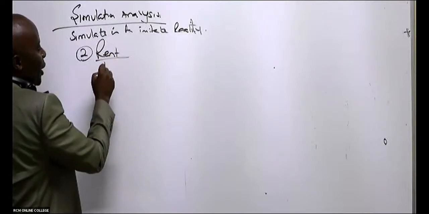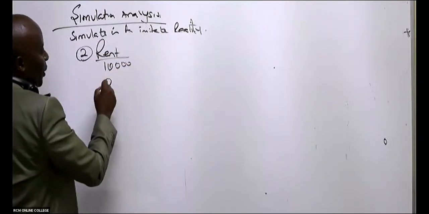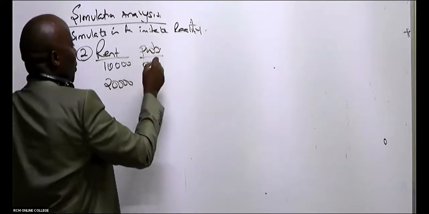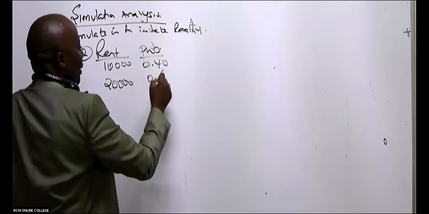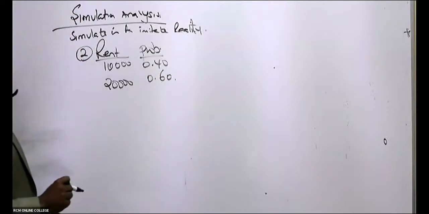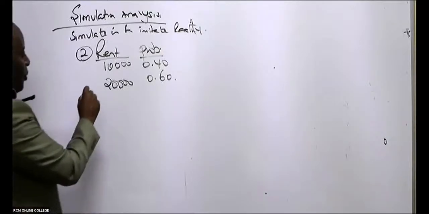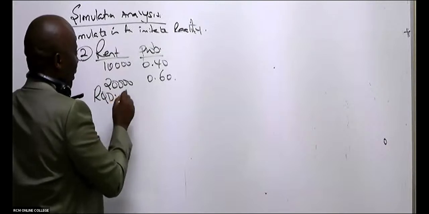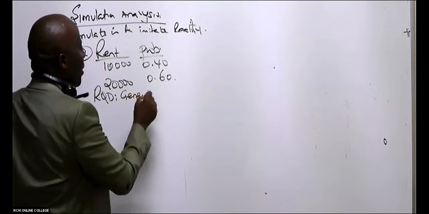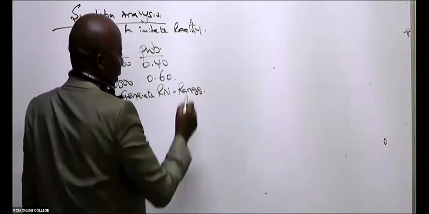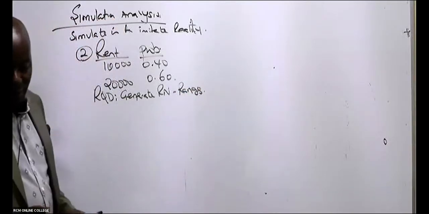So assuming I take a space that will cost me 10,000 or 20,000, and then we have probabilities. This is 0.40 and this is 0.60. You are required in this case to generate random number ranges. Very easy.